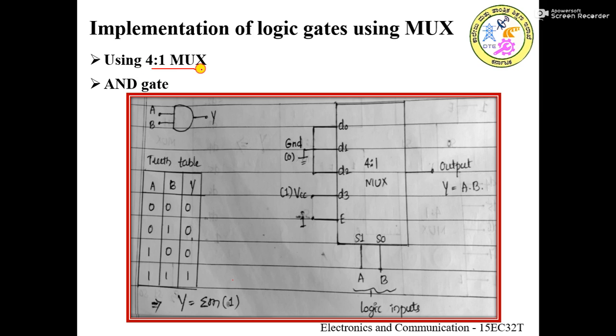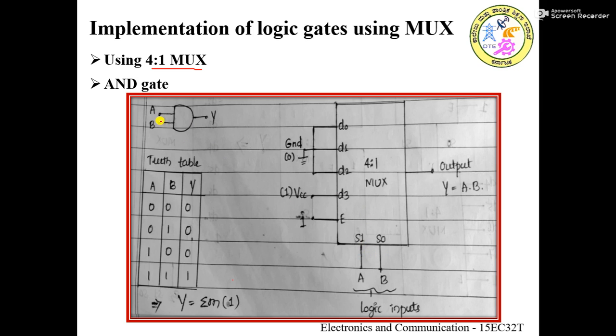Here, as we know, the number of select lines is 2 and the number of inputs of all logic gates except NOT gate is also 2. So the number of inputs of the gates and the number of select lines of the mux are equal.